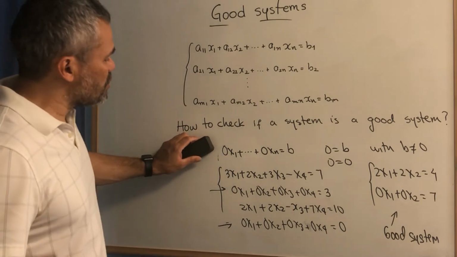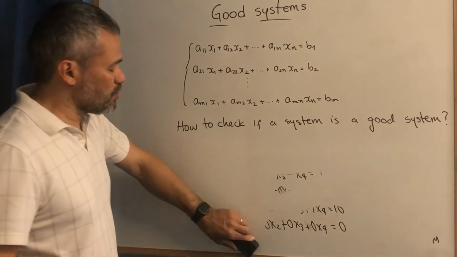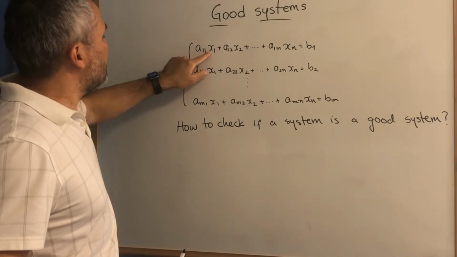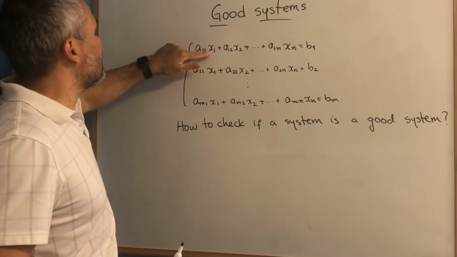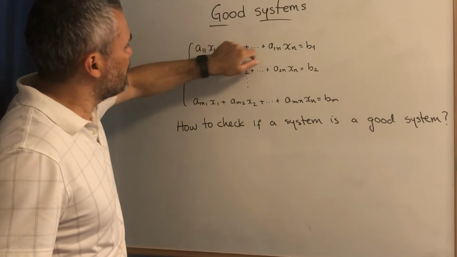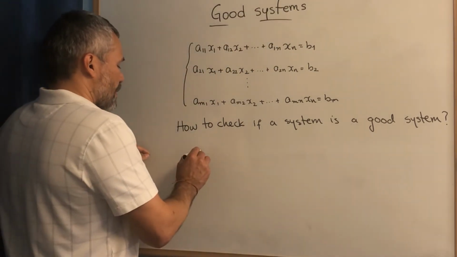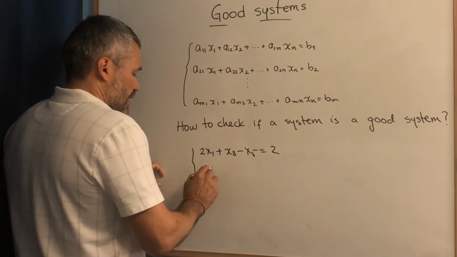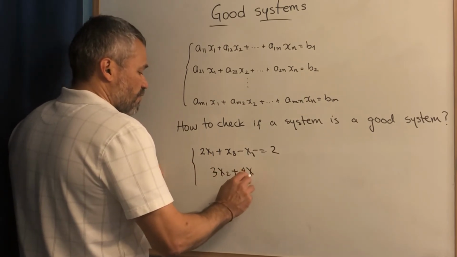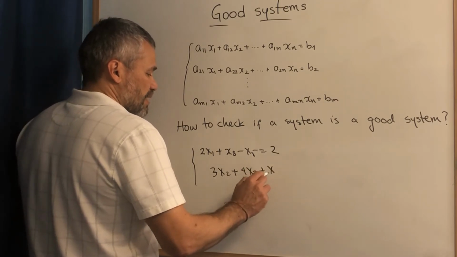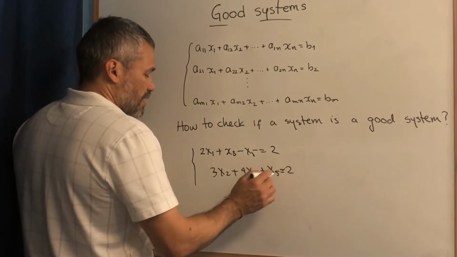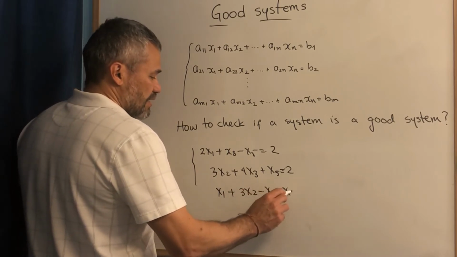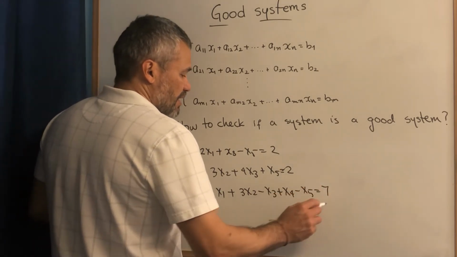But in general, if those equations don't show up, then what we are going to do is make sure to organize every equation in such a way that the variables show up in increasing order, like x1 and x2, and then they keep increasing, something like 2x1 plus x3 minus x5 equals 2, 3x2 plus 4x3 plus x5 equals 2, and x1 plus 3x2 minus x3 plus x4 minus x5 equals 7.